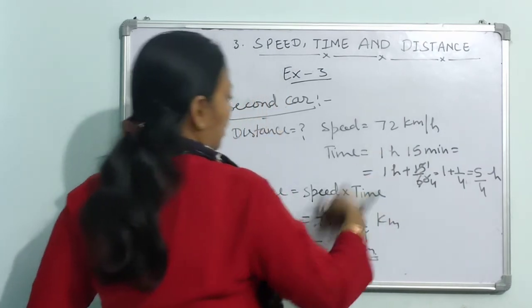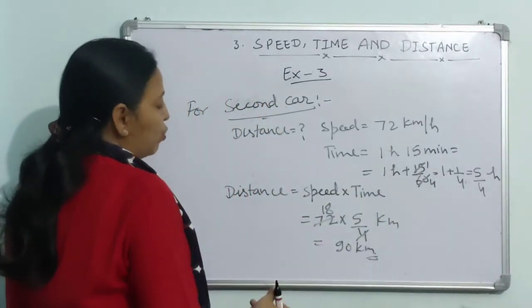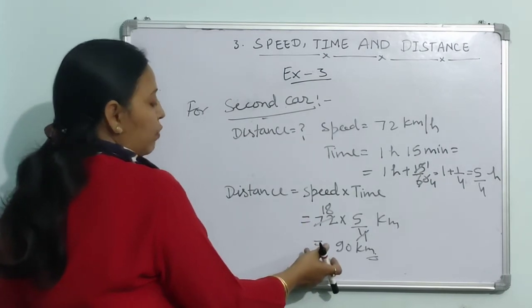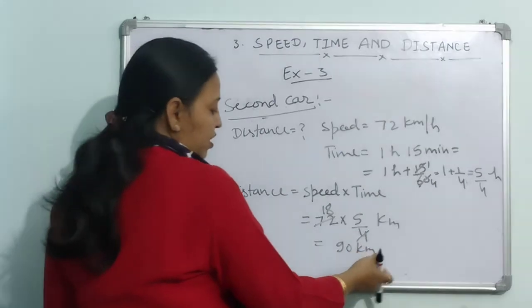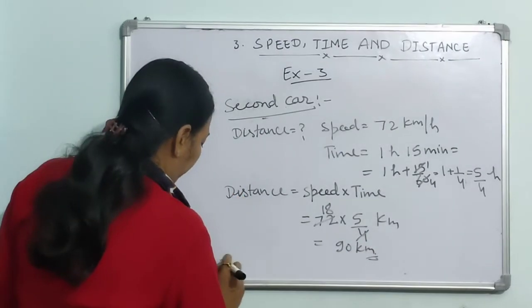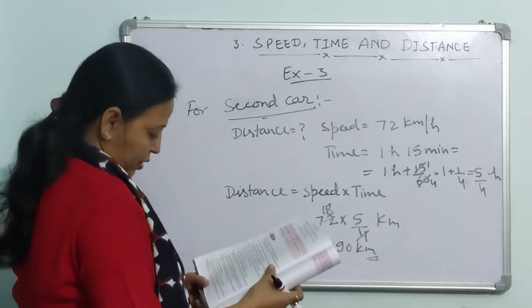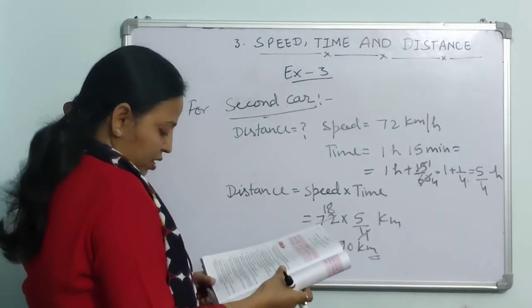So what is the gap between these two cars? How much ahead is the second one? The second one is going with more speed, so it covers more distance. How much more distance? What you have to calculate in this second part is the distance between the cars.